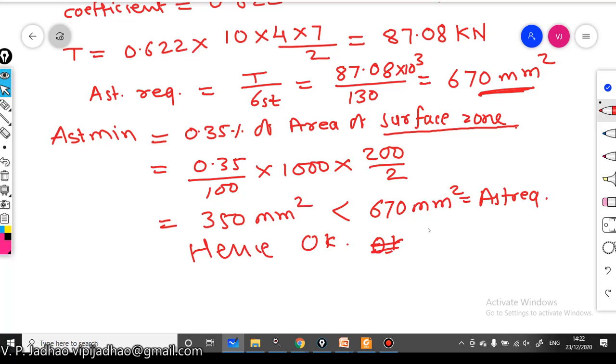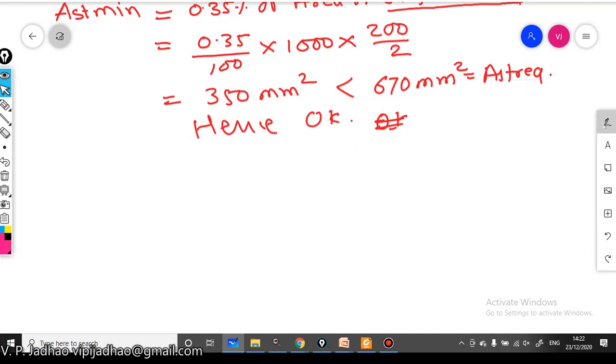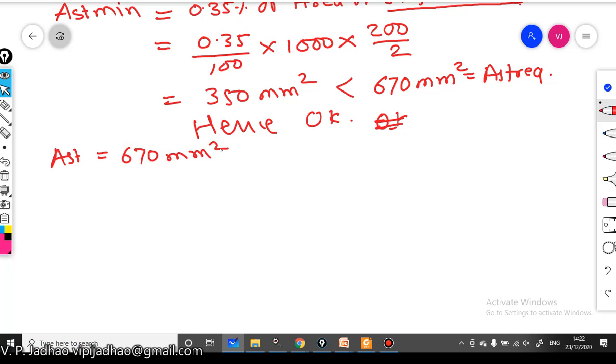Hence it is okay. So this satisfies the criteria. So what we have to do now is provide the steel reinforcement. We have got AST equal to 670 mm square. Now we will provide half of this reinforcement, that is 50%, in the inner side mesh.